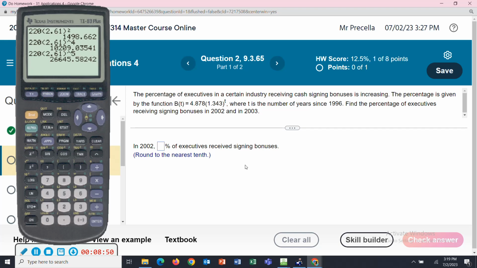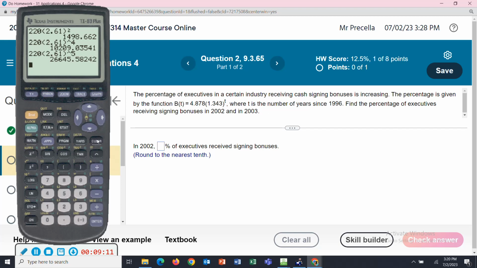So for 1996, t would be 0. For 1997, t would be 1, and so forth. Find the percentage of executives receiving signing bonuses in 2002 and in 2003.